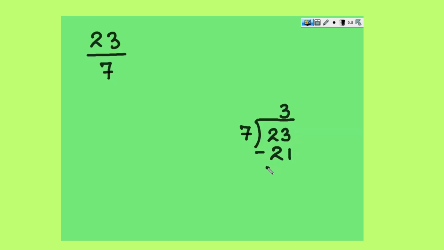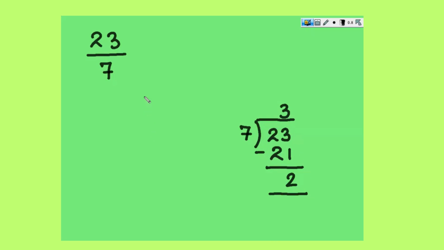So let's take another example. Say I write down 23 out of 7. We all know this is an improper fraction because the numerator is greater than the denominator. So let's simply divide it, and we know 7 threes are 21. 2 is the remainder.